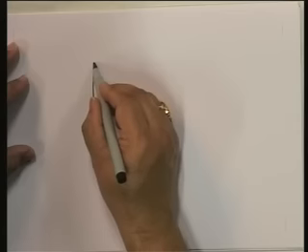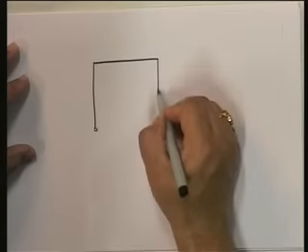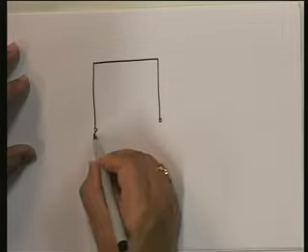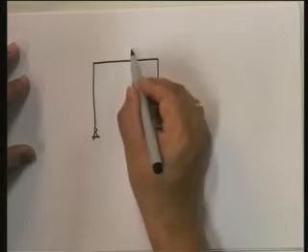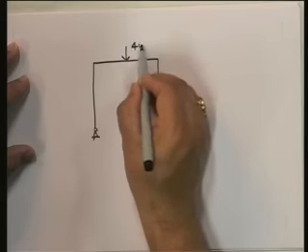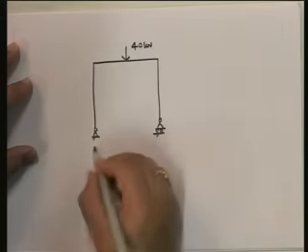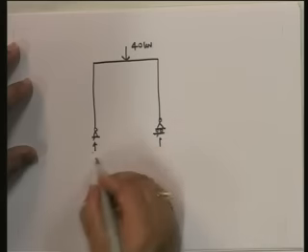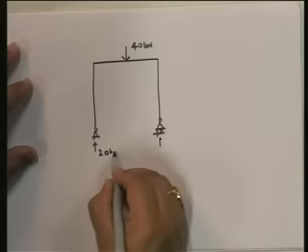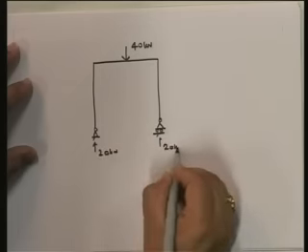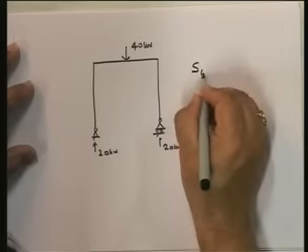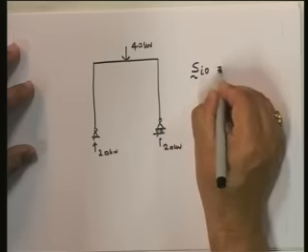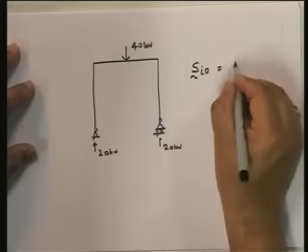The only member load is this. So this gives rise to this and this, and so we know that SI0 is going to be equal to 0.